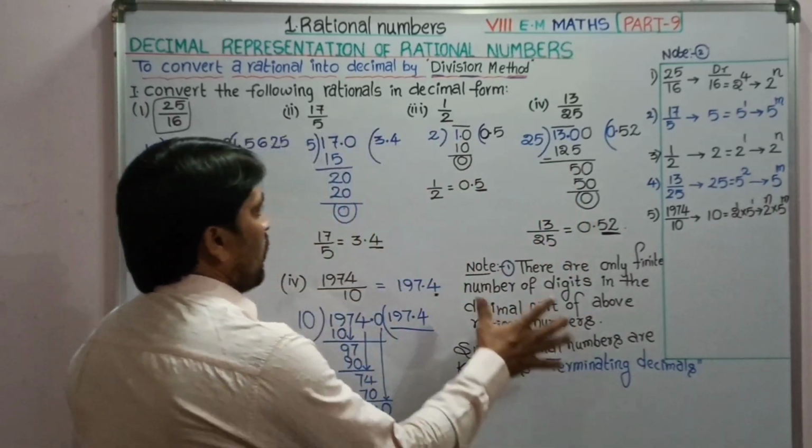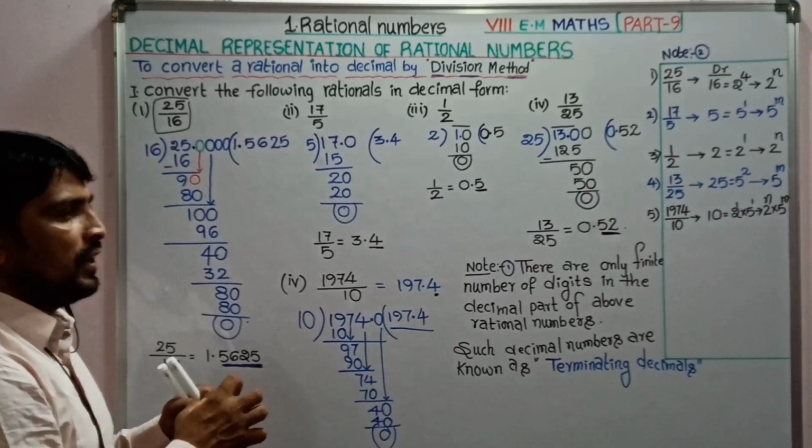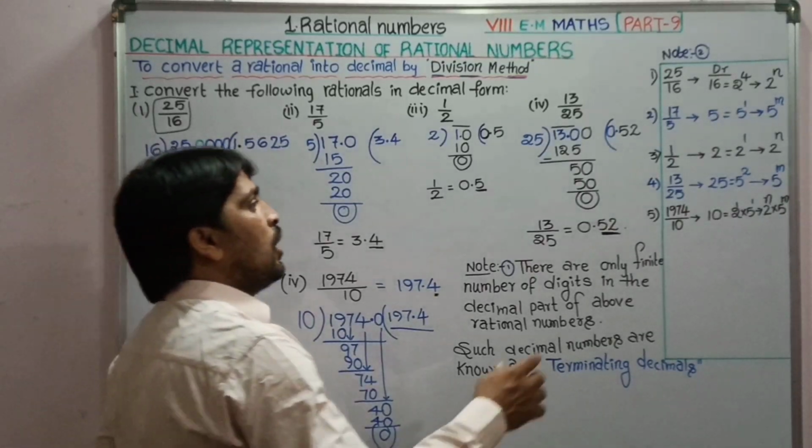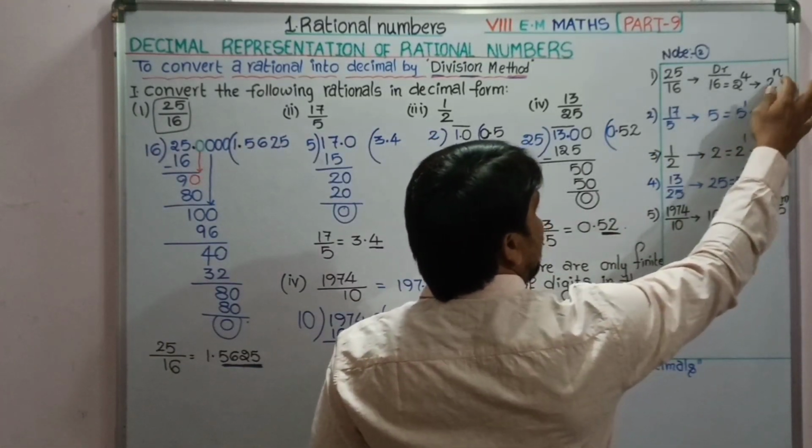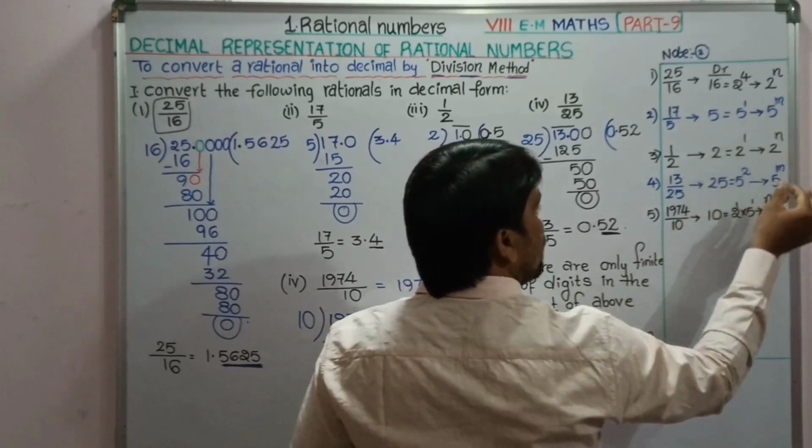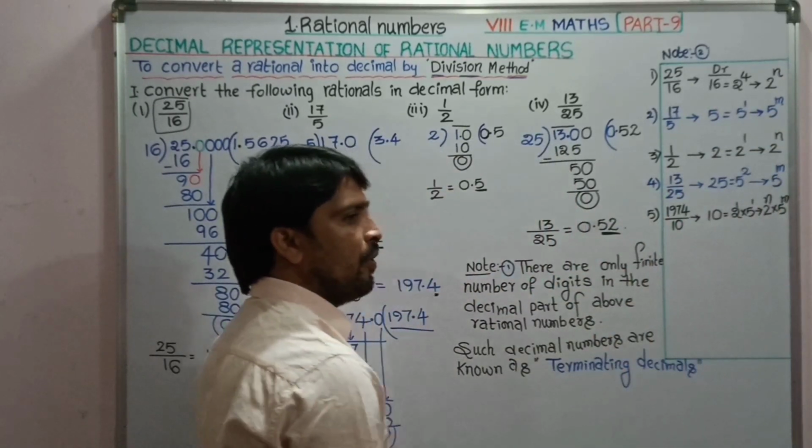Yes, these are all rationals having terminating decimals and their denominators are of the form either 2 power n or 5 power m or both, 2 power n into 5 power m.